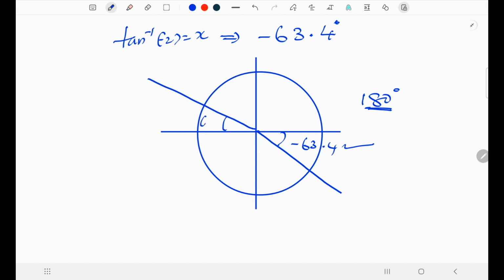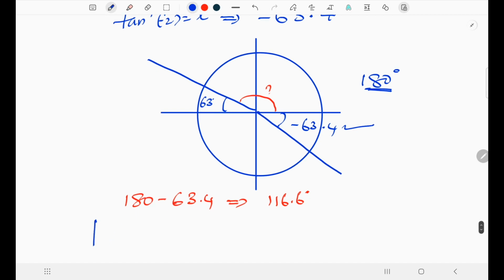This is 63 degree. Then you need to find what is the angle here. This is 180 minus 63.4. So use your calculator: 180 minus 63.4 will yield 116.6 degree.